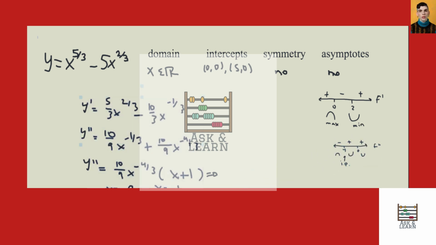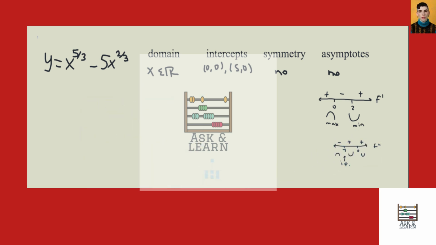So now we can graph it with the information that we have. Here we have intercepts at (0, 0) and (5, 0). So (0, 0), and let's call this one 5. And we have a local min at 2, so let's say this is 2.